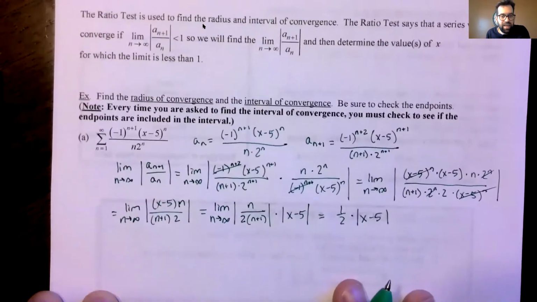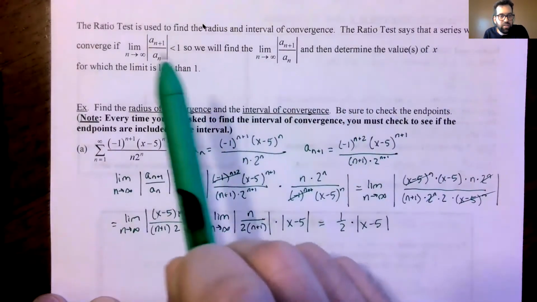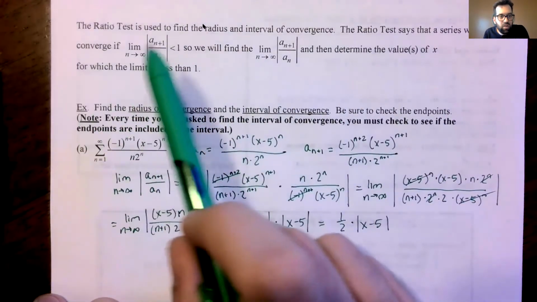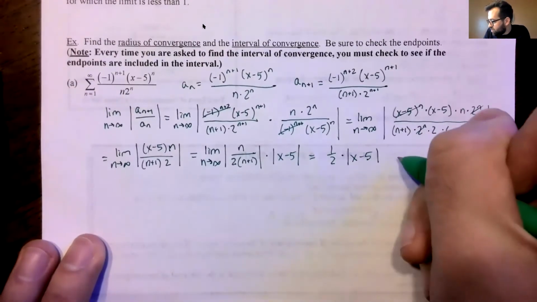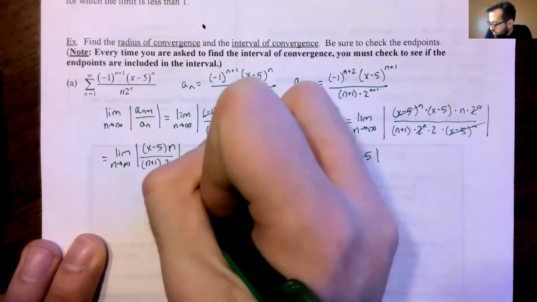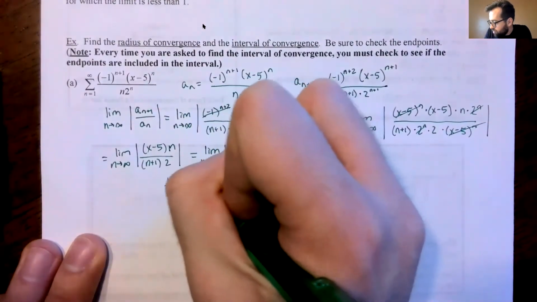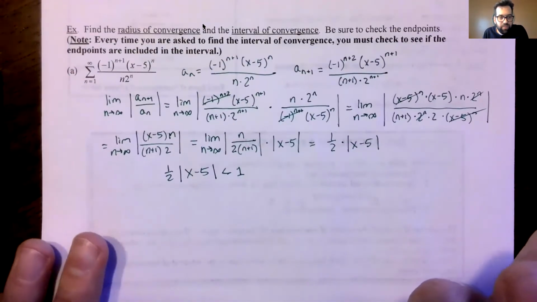So what does the ratio test say? I've never had an x in my ratio test before, but the ratio test says that a series will converge if this whole limit is less than 1. So we want this answer to be less than 1. So we want 1/2 times the absolute value of x minus 5 to be less than 1. So when is that going to happen?